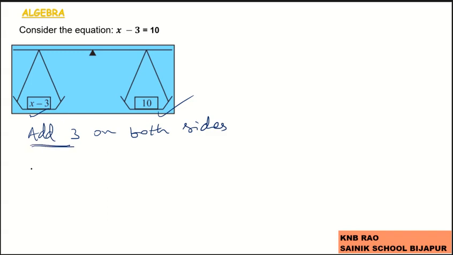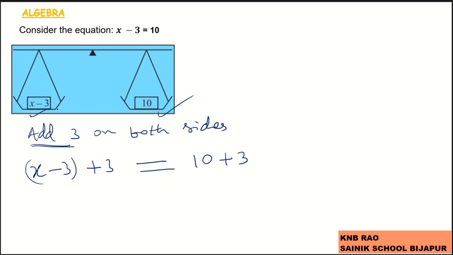Normally you have seen a vendor keeps one stone in one of the pans and keeps adding material in the other pan. He will add till it gets balanced. Similarly, I am adding here. So, to x minus 3 by adding 3, I will balance it by adding 3 to this 10 also, and the relation remains as it is.